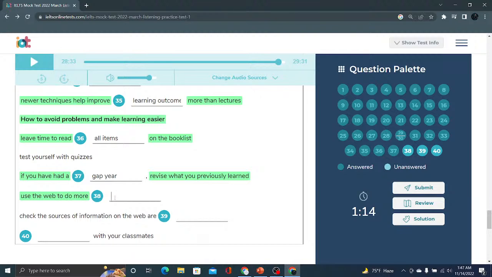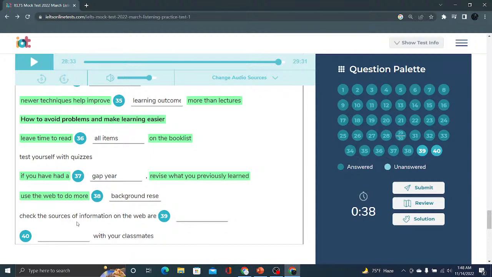More and more is relevant to extra, so the answer would be background research. And he was saying also that, but just be sure that you are using reliable resources.